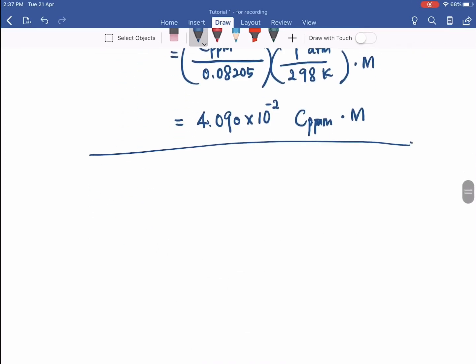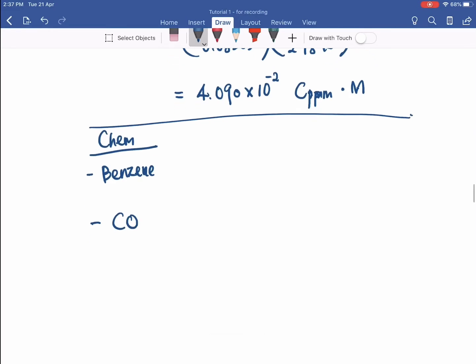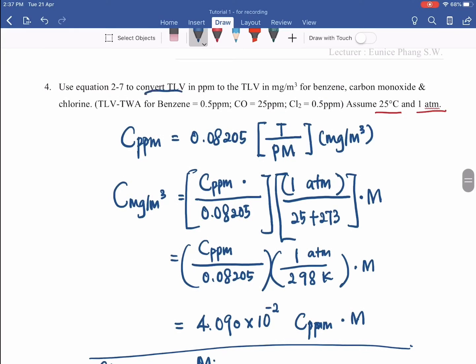So if I write these chemicals down, I have benzene, I have CO, carbon monoxide, and I have chlorine, Cl2. What I need is the molecular weight for each individual, and also the TLV, because it asks to convert TLV.